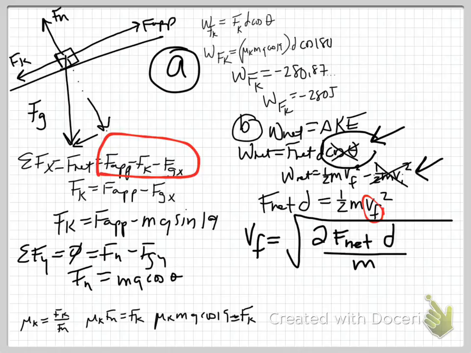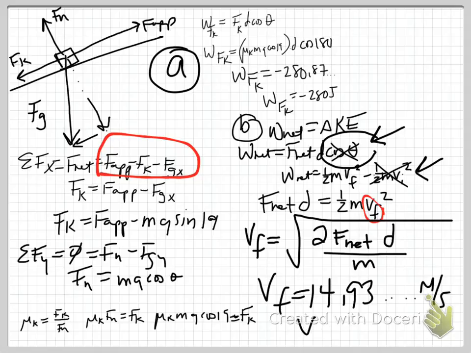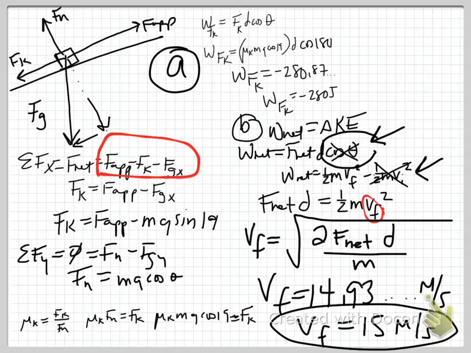So you plug all that in, 726. It turns out you pretty much need every bit of everything else that you did anyplace else, so you can't really save yourself any work on that. You get a Vf raw answer of 14.93 blah blah blah meters per second. Vf final is 15 meters per second.